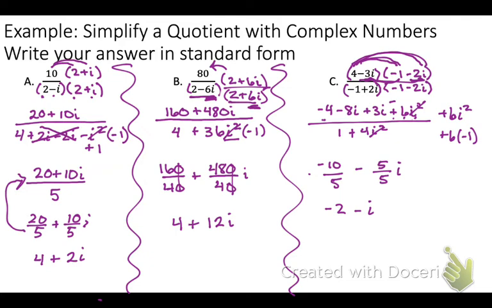Because negative 8 plus 3 is negative 5. Look up here, Olive. This is a plus 6i squared. So look up at my board. i squared is negative 1. So negative 1 times positive 6 is negative 6, and negative 4 is negative 10.